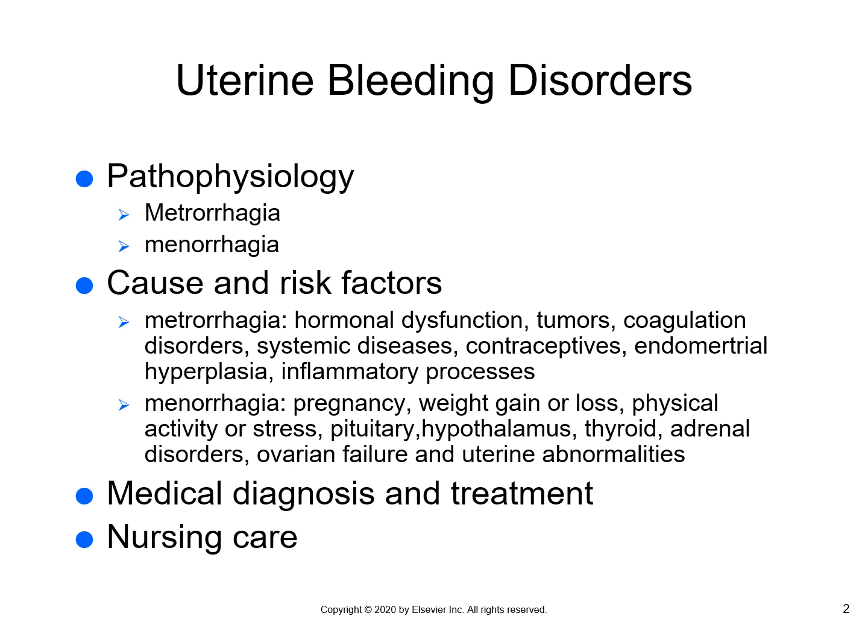And on page 1015, Table 52.1 is really helpful in showing us what could be the causes of your metrorrhagia and your menorrhagia. So please highlight this Table 52.1 on page 1015. Very helpful. For example, for metrorrhagia, there are a lot of causes of this condition.